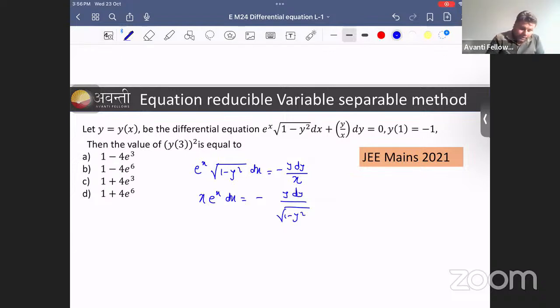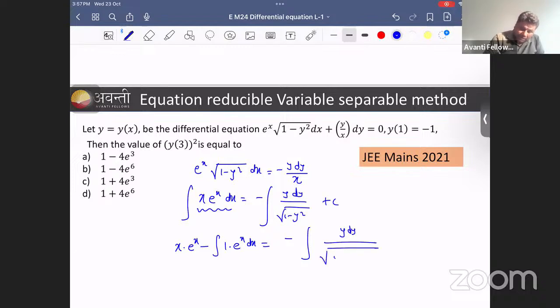Am I clear? Now, if you integrate both the sides, you will add a constant. This x e to the power x can be integrated using by parts: first into integration of second, minus integration of derivative of first into integration of second, is equal to minus of integration y dy upon under root of 1 minus y square.